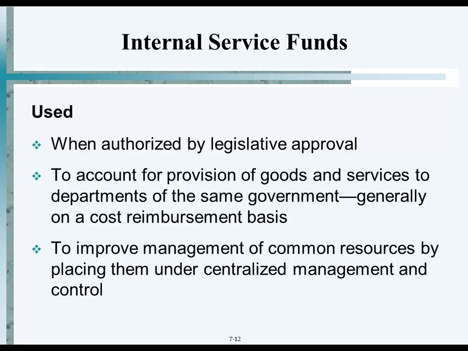As a user, who would you want to go with? The one with the cheapest cost, right? And this becomes a tricky issue because the internal service fund, which provides that service, is now competing with what? The outside folks, right? So the pricing has to be better. But think about the other complication.